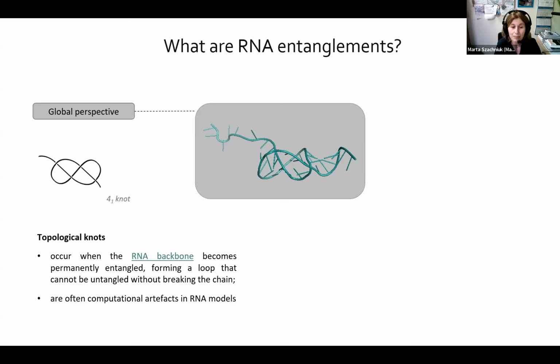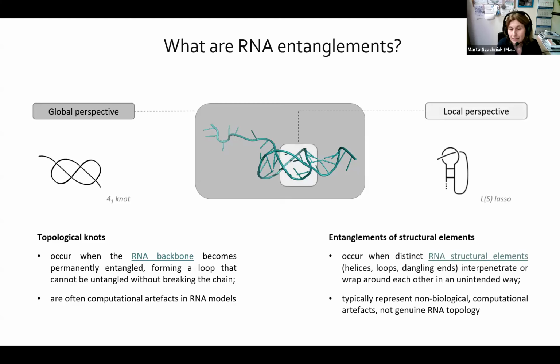Knots occur when the backbone of the RNA chain becomes permanently entangled in such a way that it will not disentangle itself during some moves or dynamics. So it forms loops that cannot be untangled without breaking the chain. Most people think that such topological knots are computational artifacts in the models that we build in silico.